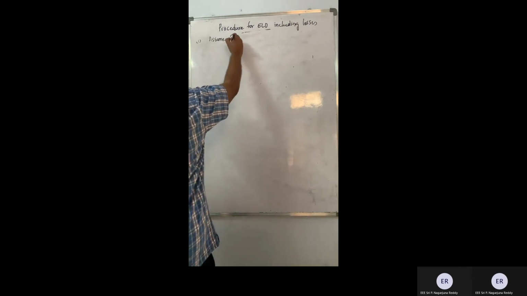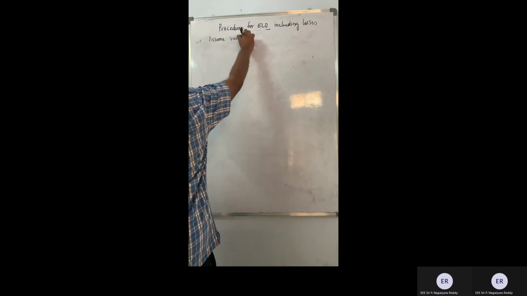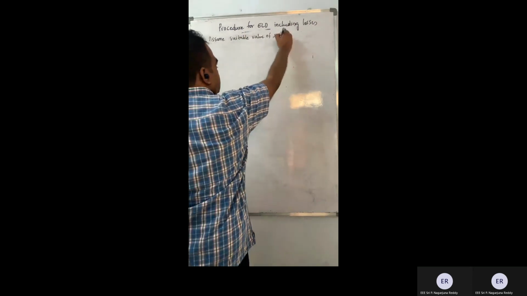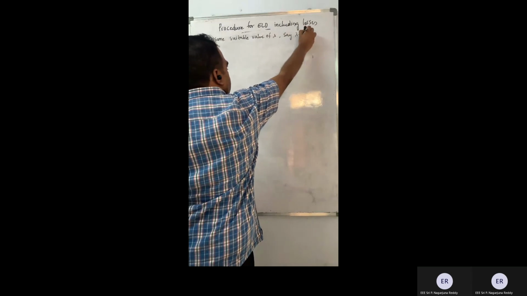Coming to the procedure, first of all, let us start with a random value of lambda. We'll start with an initial value of lambda and initial values of generation. So first of all, I'll assume a suitable value of lambda, say lambda naught. So how to choose lambda?